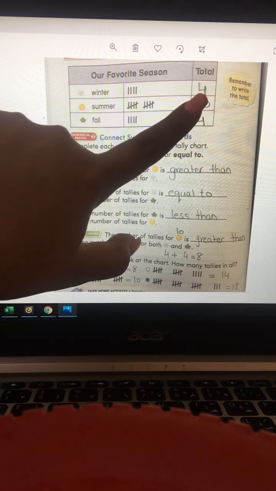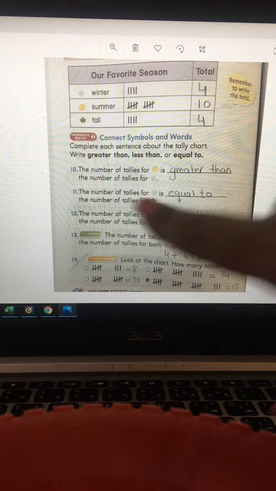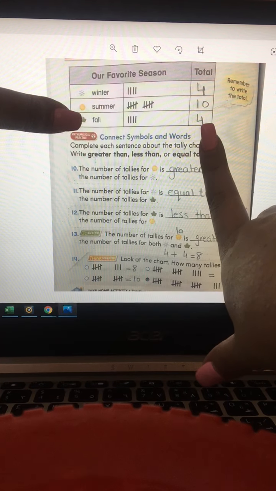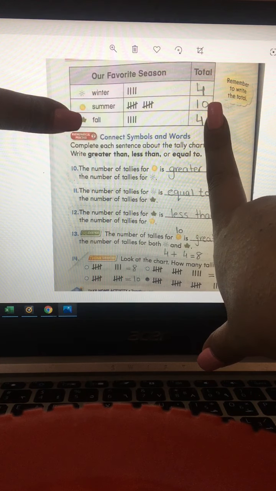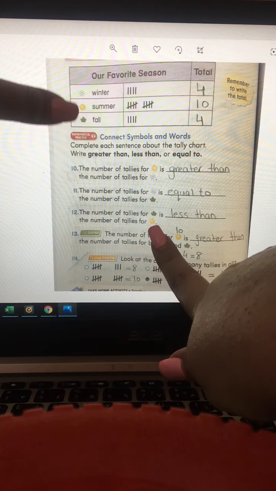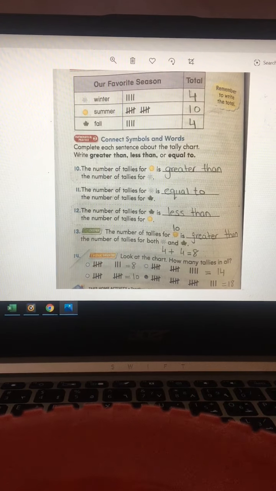So obviously 10 is bigger than 4. So I will say that the number of tallies for fall is less than, because 4 is less than 10. Let's move on to question number 13.